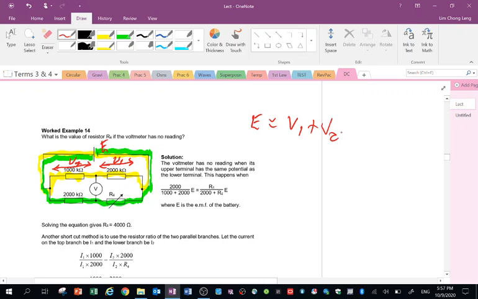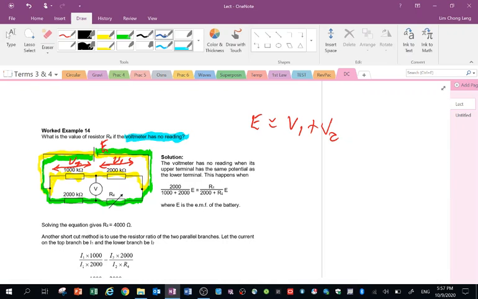Okay, now there is a very important fact here that so far we have not considered. That is, what is the value of R4 if the voltmeter reading is zero, no reading?